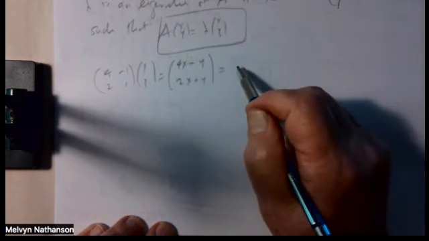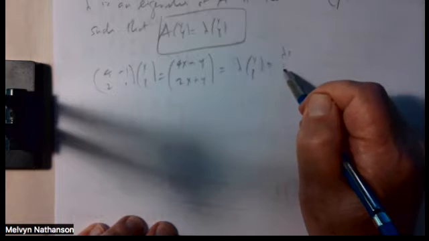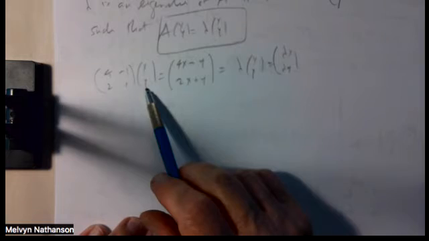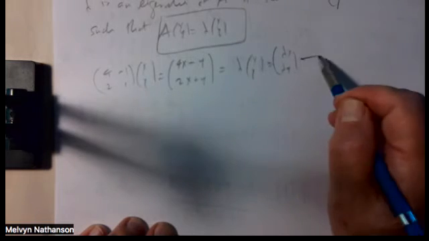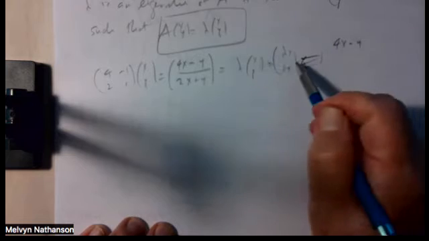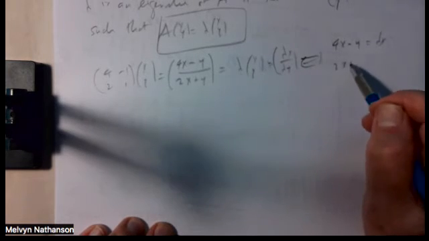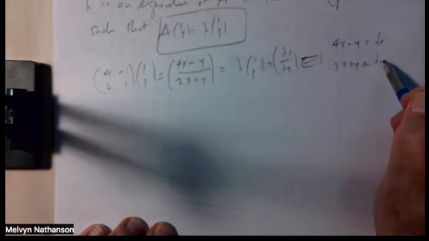And we want that to be lambda times x, y, which is lambda x, lambda y. So the number lambda and the vector x, y satisfy this equation if 4x minus y equals lambda x and 2x plus y equals lambda y.